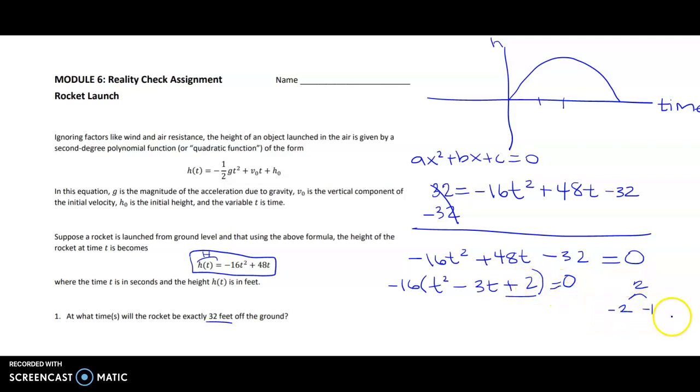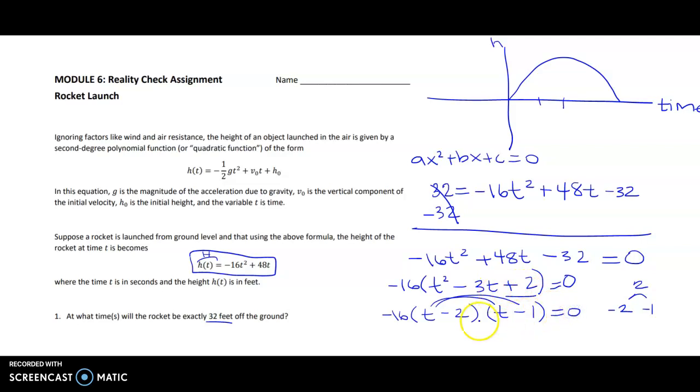Negative 2 plus negative 1 does give us a negative 3, so those will work. We can still leave that negative 16 out front. We'll have t minus 2 and t minus 1. When we're factoring, we just have to find the factors of this number that will add up to the middle number. If you want to check this, you can FOIL it out, and it should come out to be t squared minus 3t plus 2.